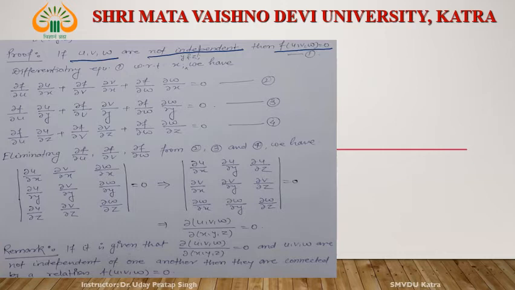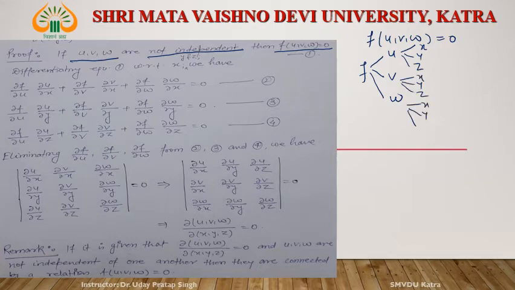What is f? f is a function of u, v, w. What is u? u is a function of x, y, z. Similarly v, w are functions of x, y, z. Right?